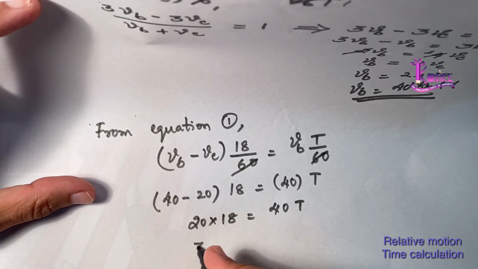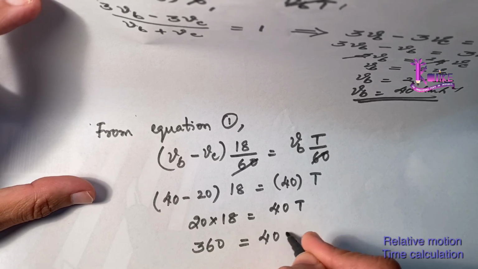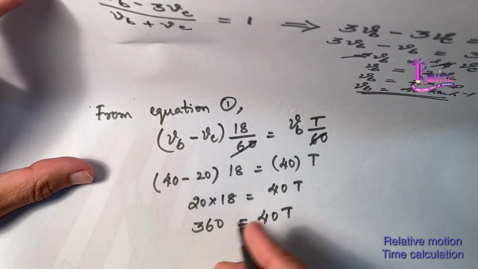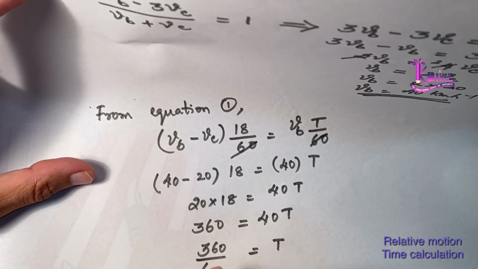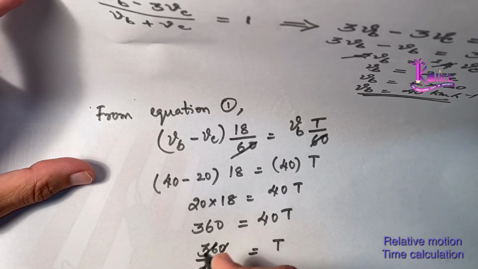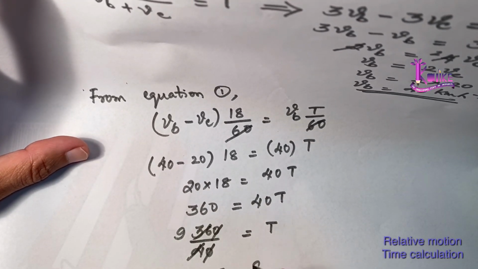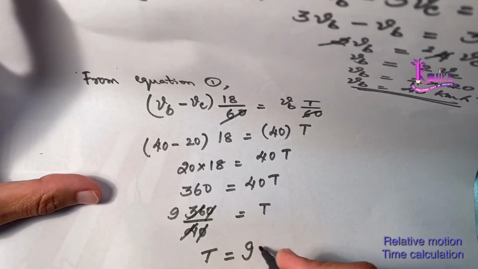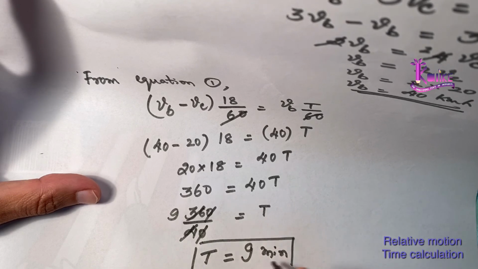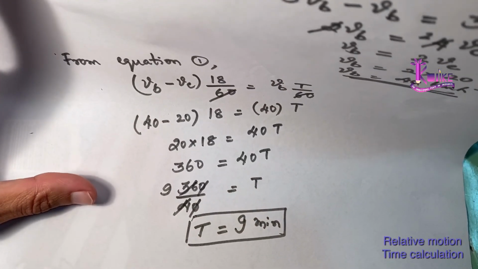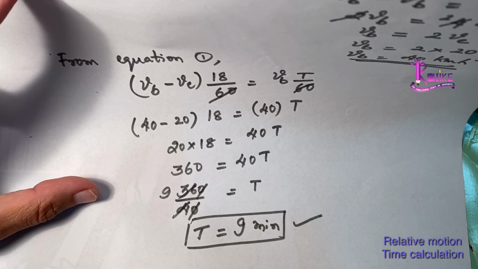So 18 two times is 36, you have a 0, so 360 is equal to 40T. Therefore, T is equal to 360 divided by 40. So 4 nines are 36. We know T is given in minutes. So what is the time each bus takes to leave? It is leaving every 9 minutes from town A and town B. So therefore T will be simply equal to 9 minutes. That's how you do this.